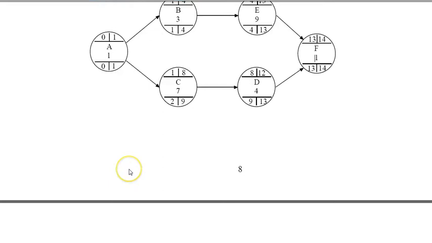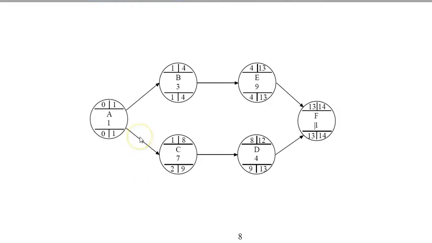And also we want to compute the free slack. A free slack by definition is how much an activity can be delayed without delaying any activities that come after it. So this activity has 0 slack because if I delay it, I would delay this and this.